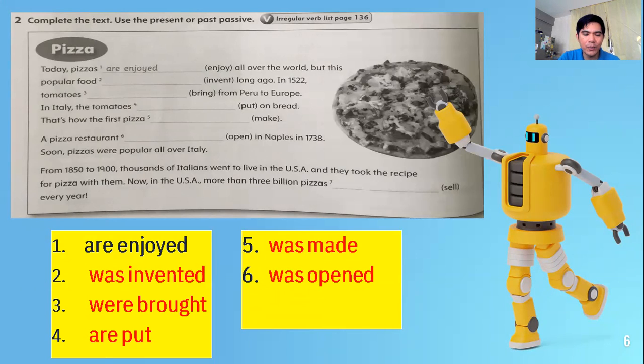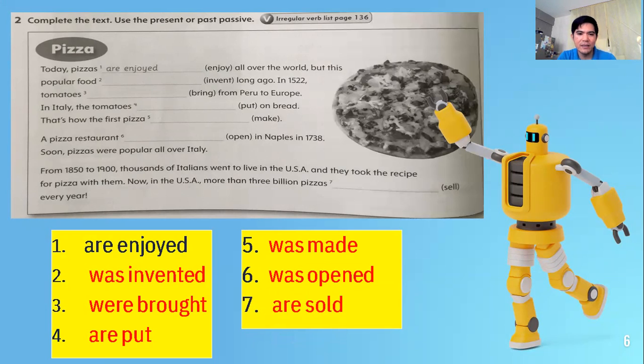Soon, pizzas were popular all over Italy. Last number, from 1850 to 1900, thousands of Italians went to live in the USA, and they took the recipe for pizza with them. Now, in the USA, more than 3 billion pizzas are sold every year.